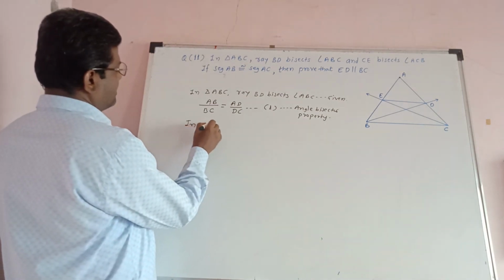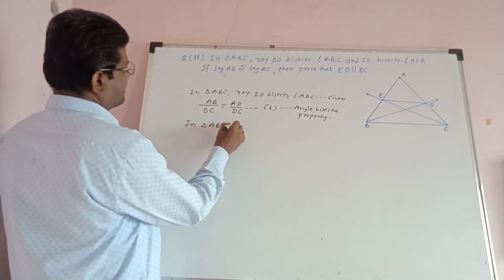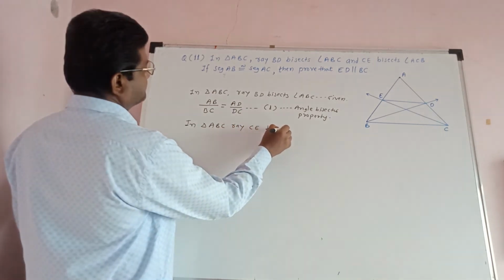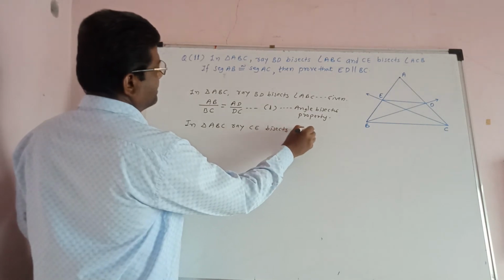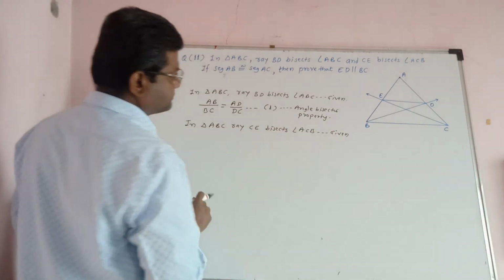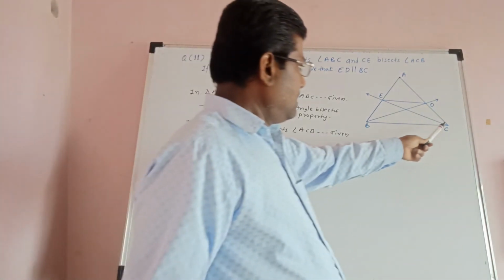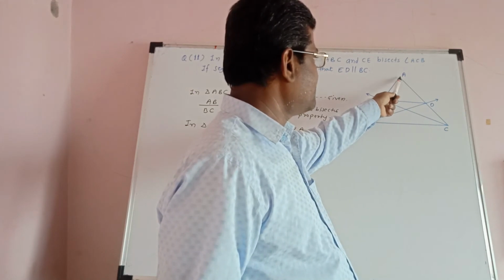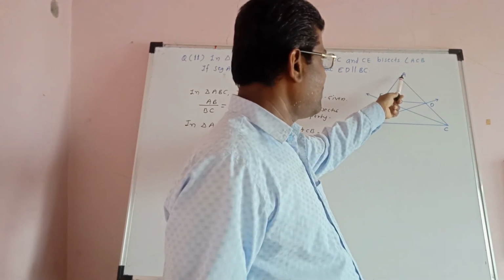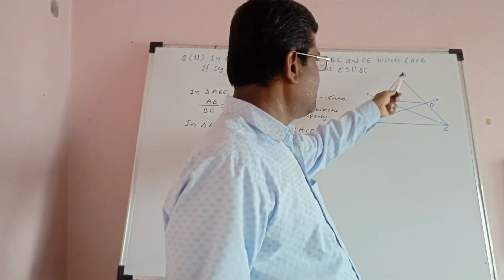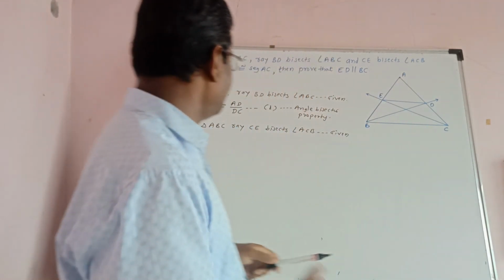So in triangle ABC, ray CE bisects angle ACB. If we start from A, we have a ratio AC upon BC is equal to AE upon EB.